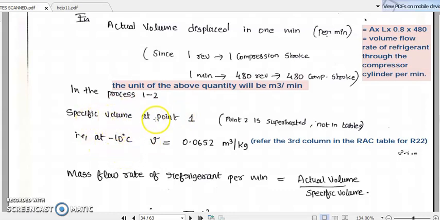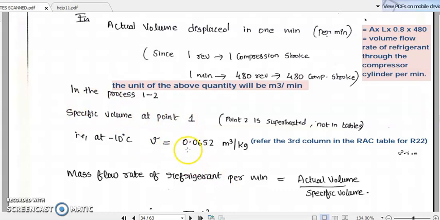Why are we focusing on specific volume? Actually specific volume is 1 by density, that we already know. We have already found out the volume flow rate. In order to find out the mass flow rate, we need to use the specific volume, or 1 by density.